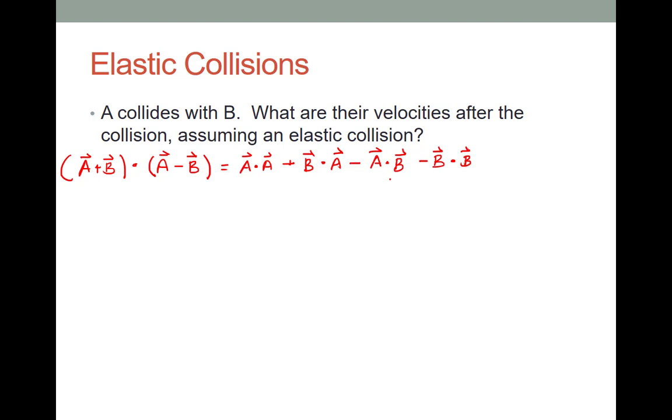Now remember, the dot product is commutative, meaning that b dot a equals a dot b. So these two cross terms cancel, and we are left with a squared minus b squared.